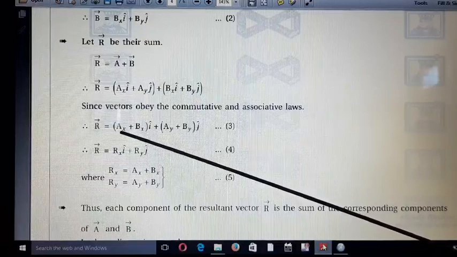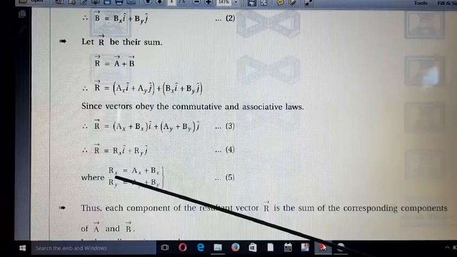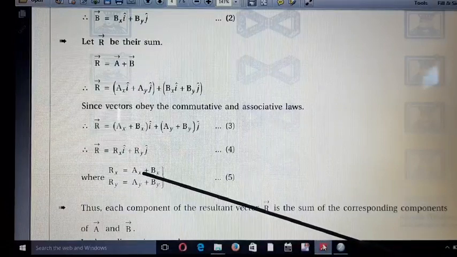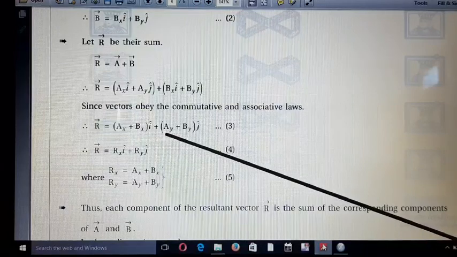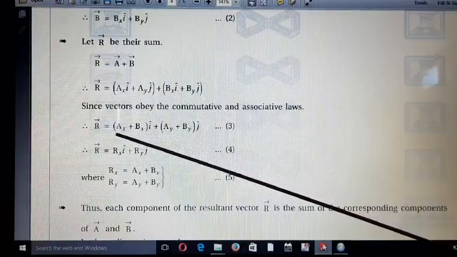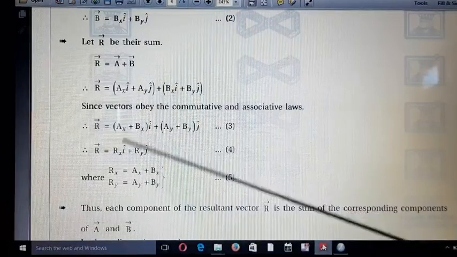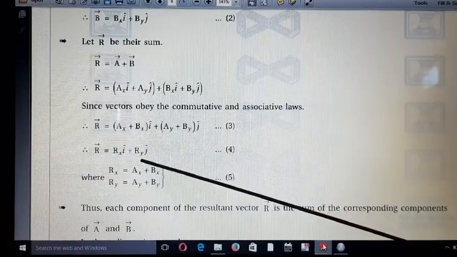Here ax plus bx is denoted by rx, means rx is equal to ax plus bx. In the same way ry is equal to ay plus by. So here we can write ax plus bx is equal to rx and ay plus by is equal to ry.